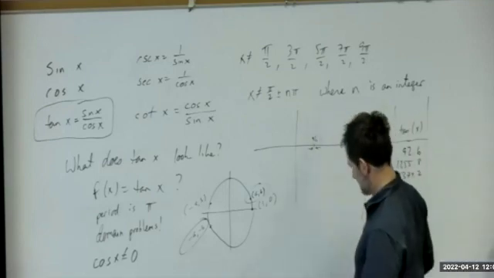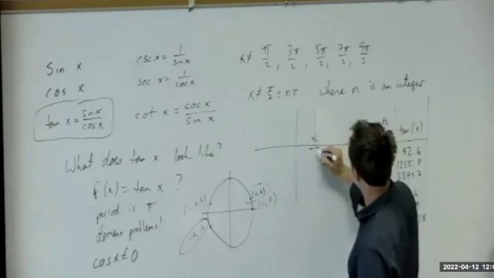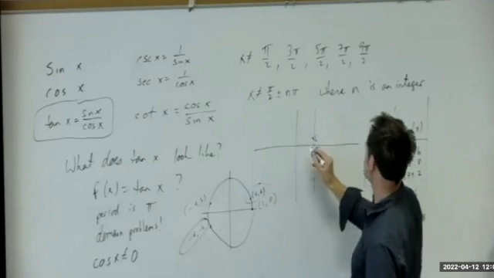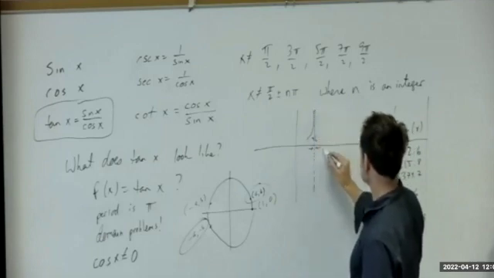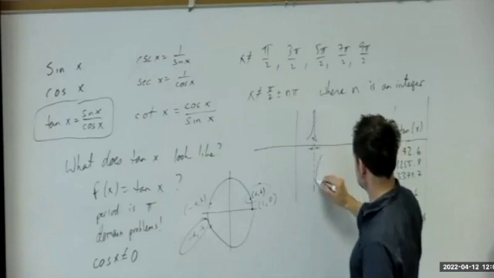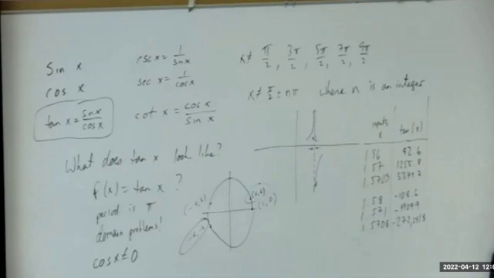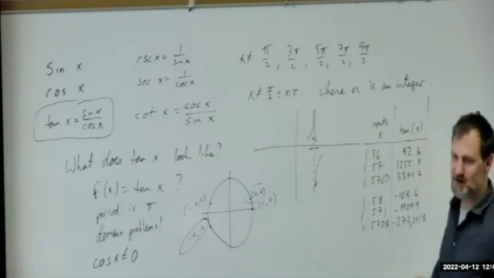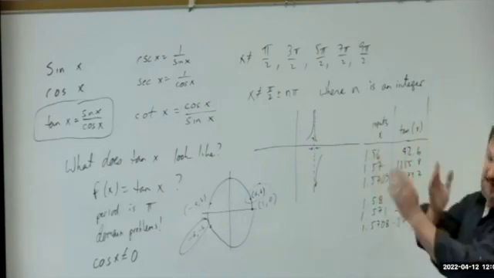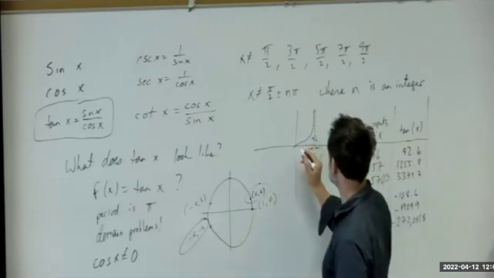Here's what that looks like. We have a vertical asymptote. As we approach it from one side, our numbers blow up. As we approach it from the other side, our numbers blow up, but in the negative direction. And that actually is pretty much all we need to know about tangent, because if we put those two pieces together, at some point it goes through zero, which actually happens at zero.